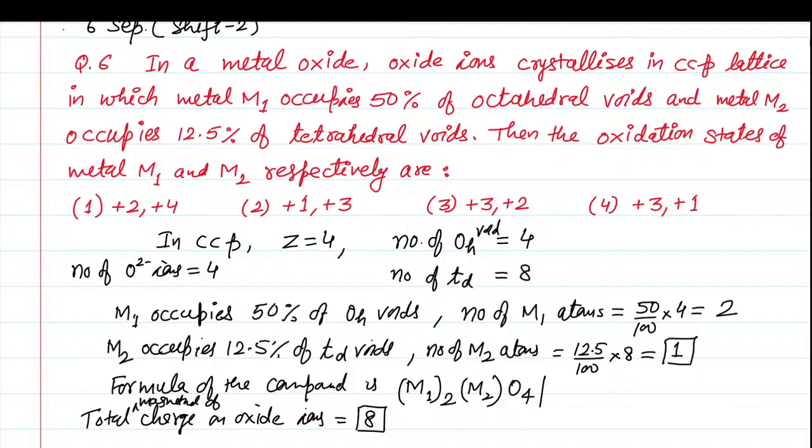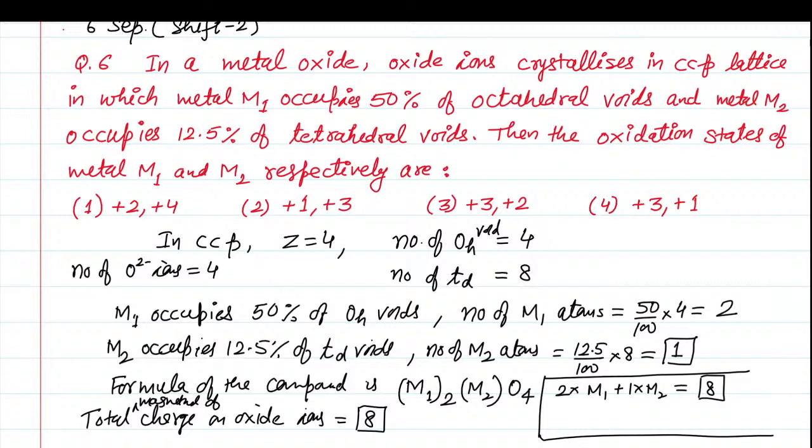So total charge on M1 and M2 should be 8. 2 into charge on M1 plus 1 into charge on M2 should be 8.